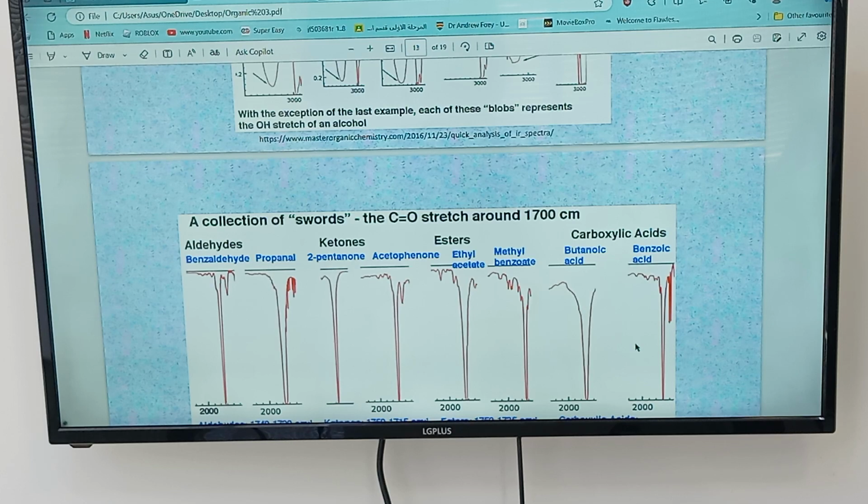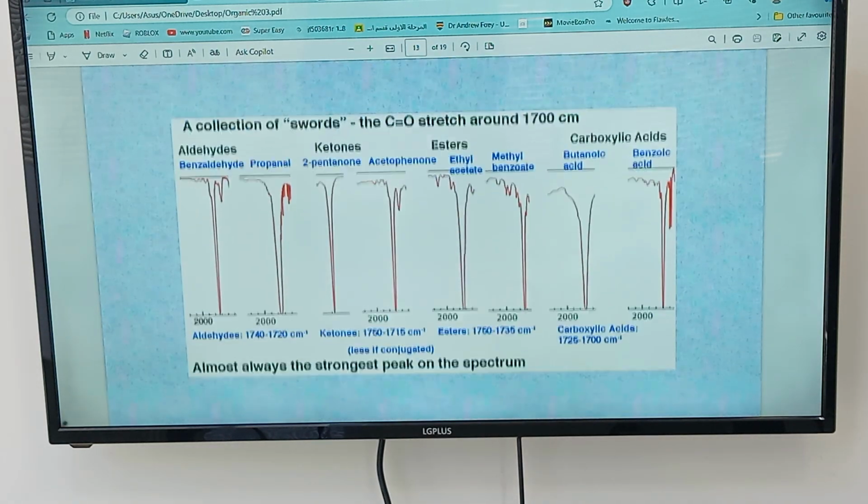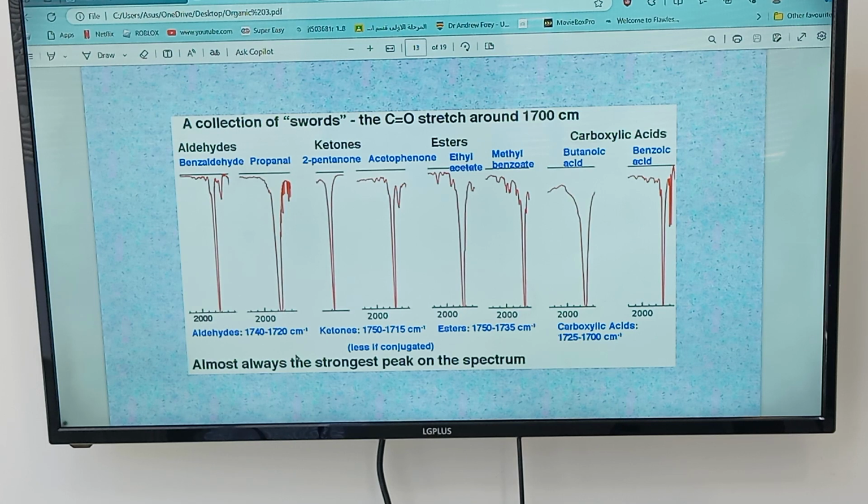Carboxylic acids, it will be in this direction. So the C=O stretch of them is almost always the strongest peak on the spectrum, less if conjugated.